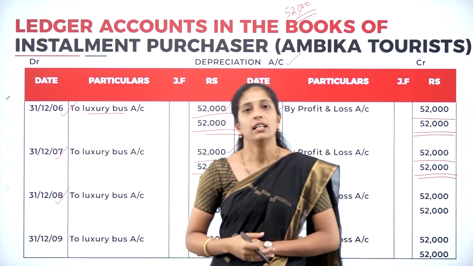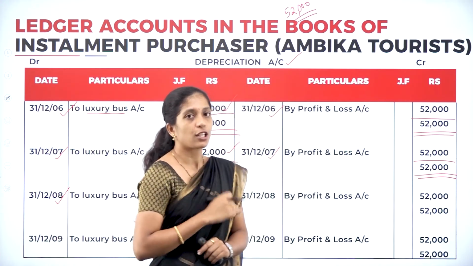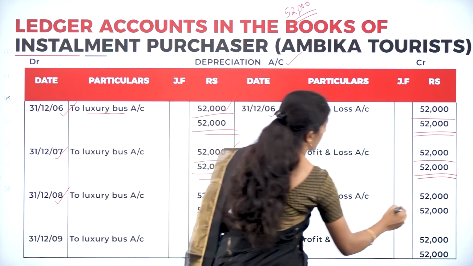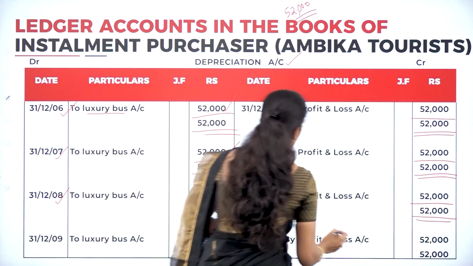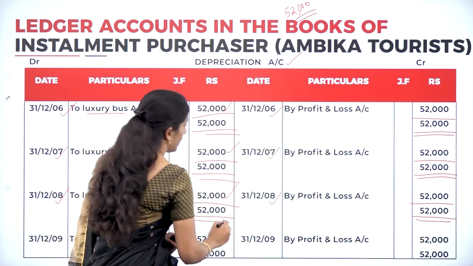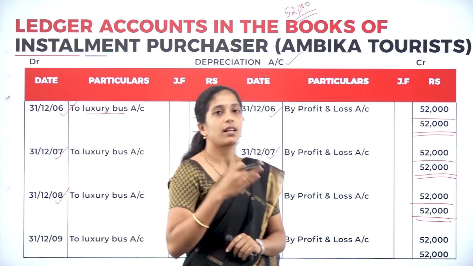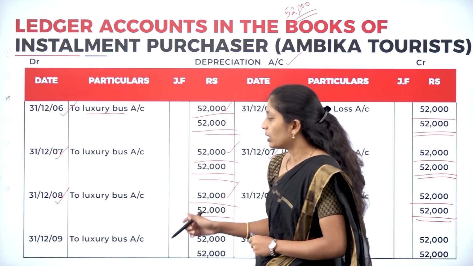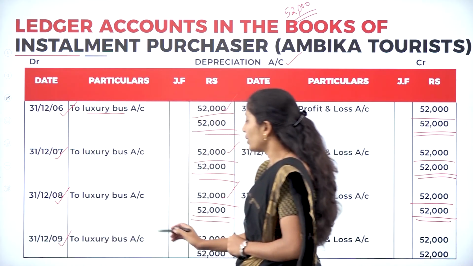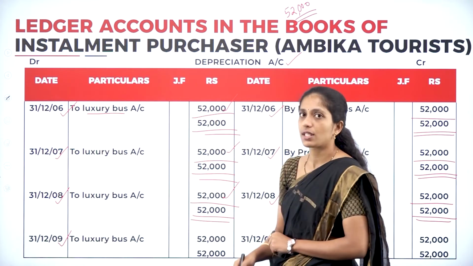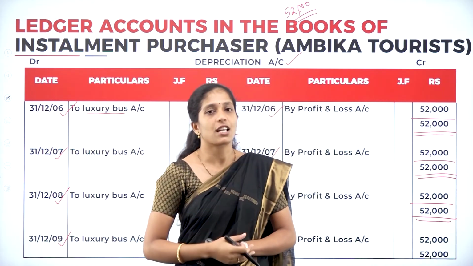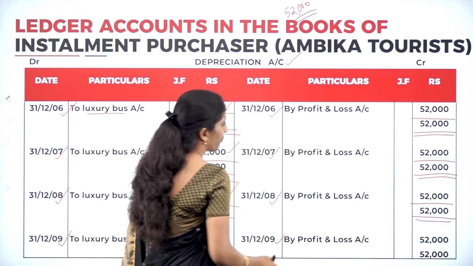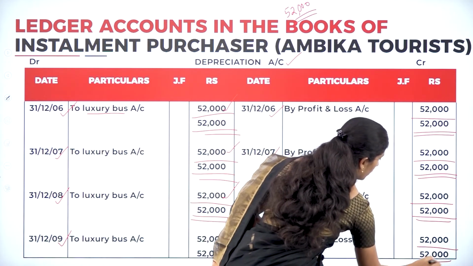Then transfer that depreciation to profit and loss account, 31/12/08, by profit and loss account 52,000. Then last year also, charging depreciation to asset: 31/12/09, to luxury bus account 52,000. Next transfer that depreciation to profit and loss account, 31/12/09, by profit and loss account 52,000.